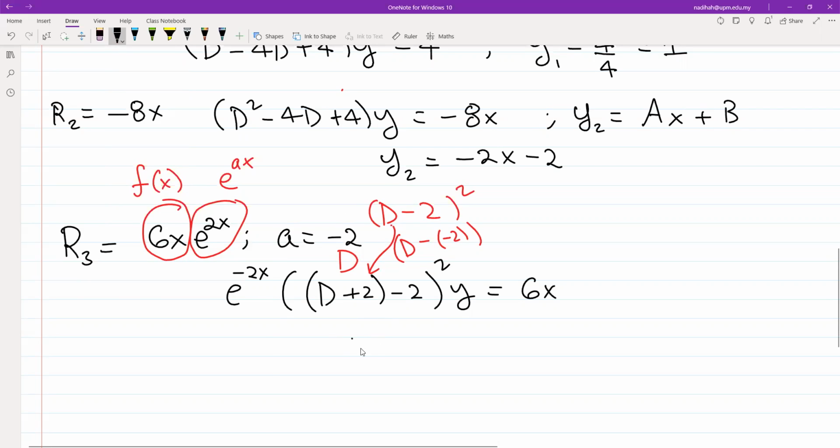And then I continue, I want to finish one more. So if you keep on going, you will get the exponential of 2x times x cubed plus ax plus.